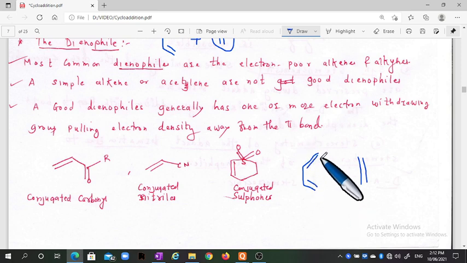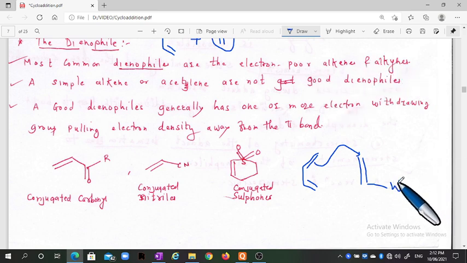Therefore, this system is electron rich, and this electron rich system attacks the dienophile, and if it has an electron withdrawing group, then it easily pulls these electrons. Therefore the most common dienophiles are electron poor alkenes or alkynes.